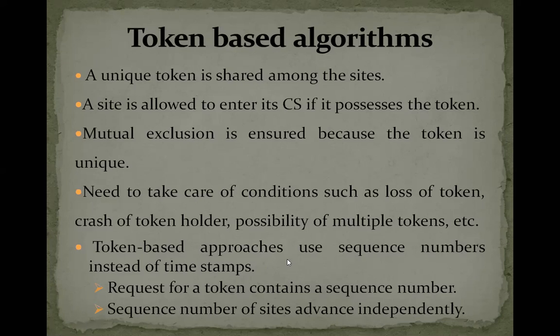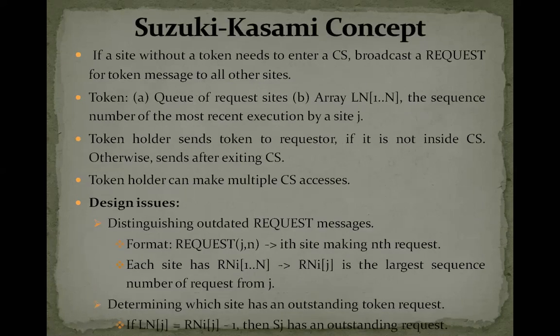So the first algorithm of this category, that is the token-based category, is the Suzuki Kasami algorithm. As far as the concept of the Suzuki Kasami algorithm is concerned, it is very simple.